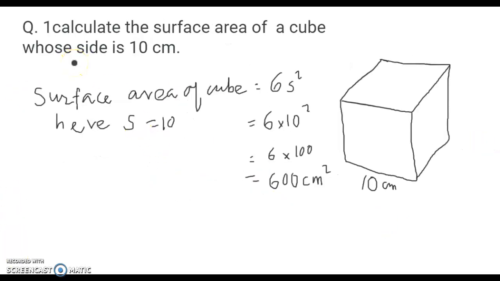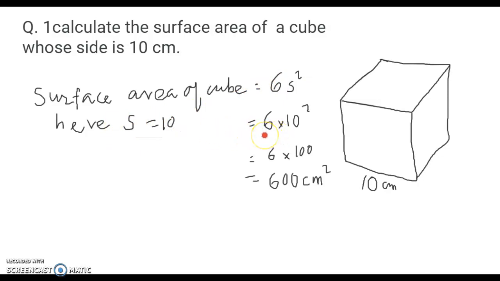Let's see one example. Calculate the surface area of a cube whose side is 10 centimeters. So what is the formula? Surface area of a cube is 6S square or 6A square or 6L square. Here we are given that S is equal to 10.